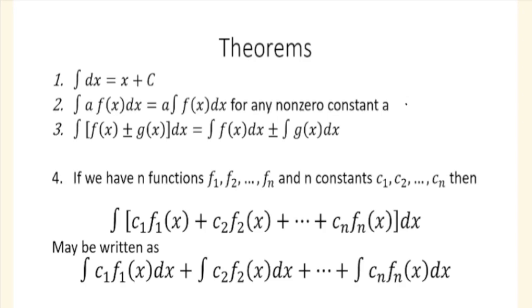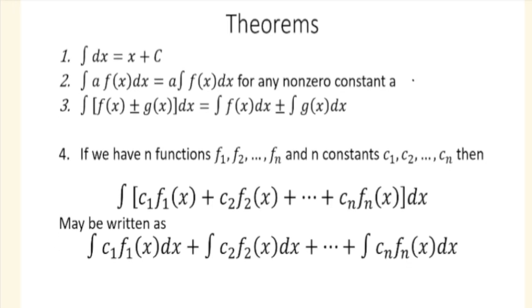Pero, hindi yan yung case for product or quotient of two functions. So, parang sa derivatives, di ba, meron tayong product rule saka quotient rule. In number 4, it's a combination of theorems 2 and 3. Pero this time, we're going to consider an n number of functions as well as constants.